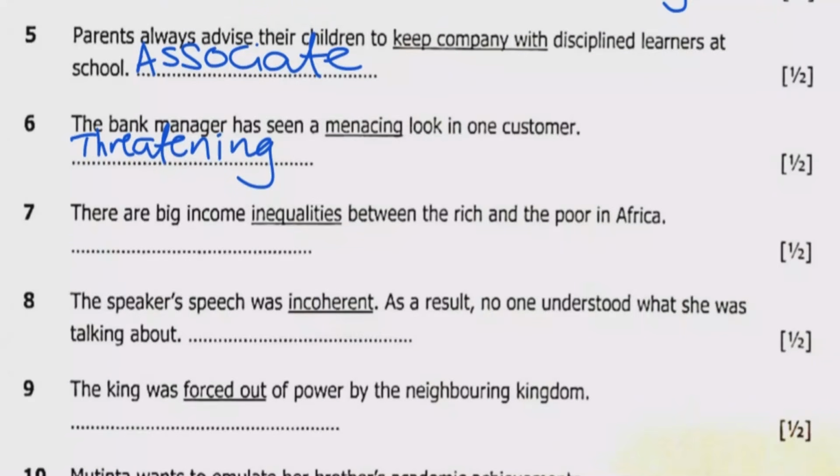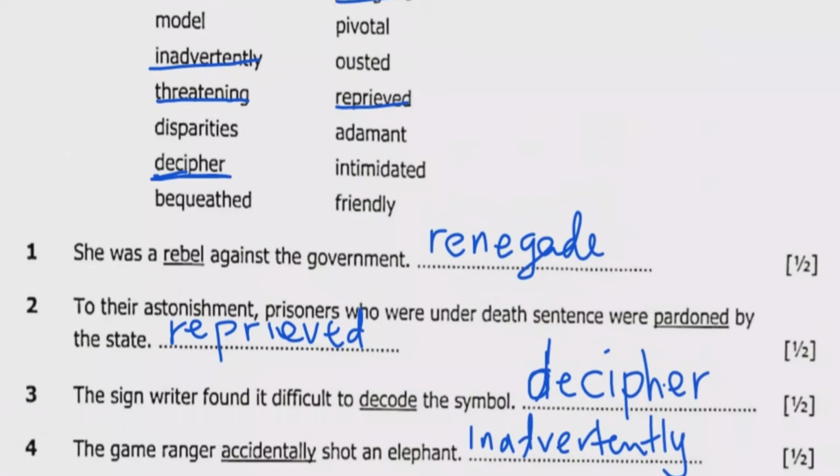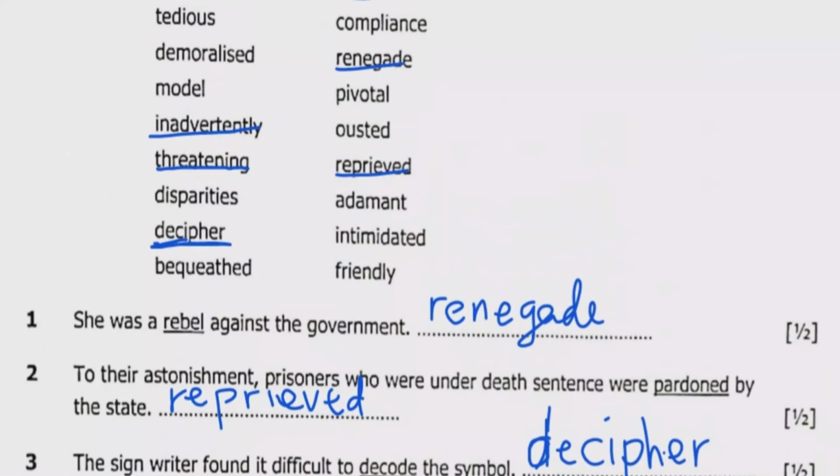We come to question 7, which is: there are big income inequalities between the rich and the poor in Africa. So we want to look for the word that means the same as inequalities, not being equal. What word means that?